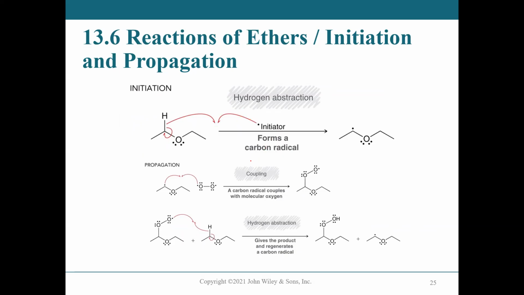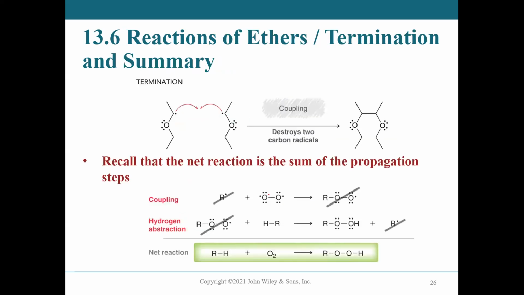Then we have our propagation step, then another hydrogen abstraction. And then we go to our coupling step or our termination step. That's shown right here. So it destroys the 2 carbon radicals.